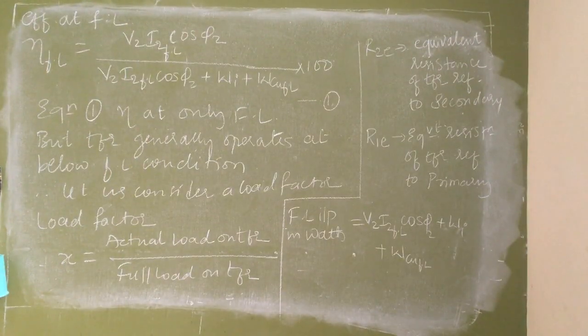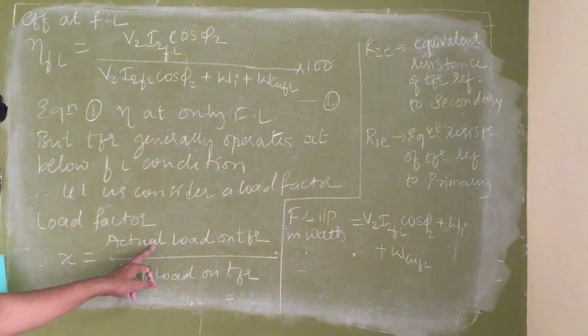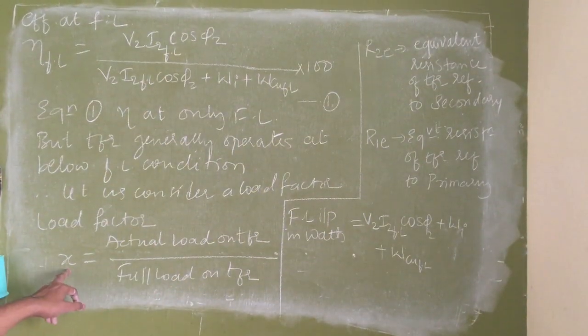Actual load on transformer divided by full load on transformer. Now if actual load is half the full load condition, my X will be equal to 0.5.